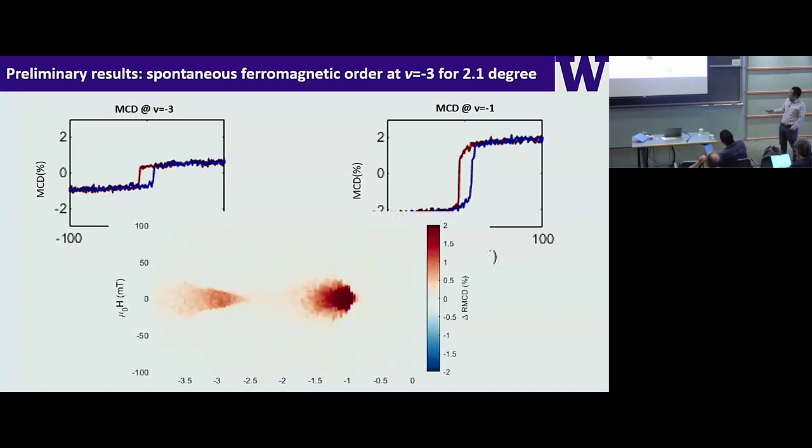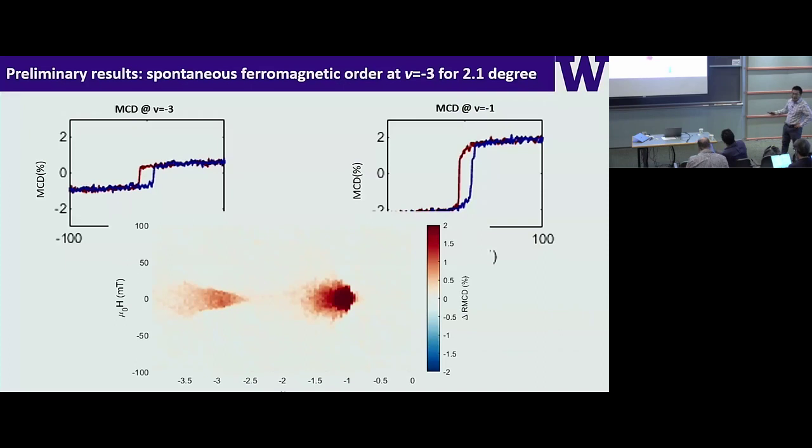We can further extract this delta MCD, meaning the pure hysteretic component, as a function of filling factor. So you can see the magnetic phase space. There's a large phase space at filling factor -3. There's ferromagnetism. One interesting phenomenon I want to emphasize is at filling factor -1.5.